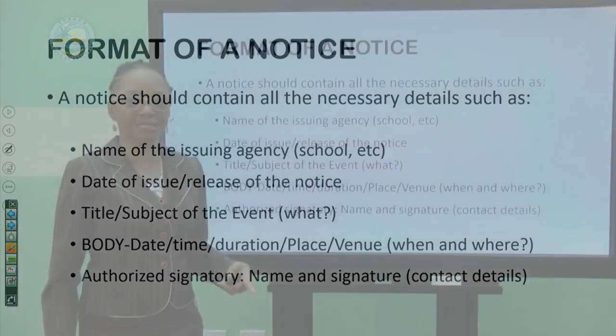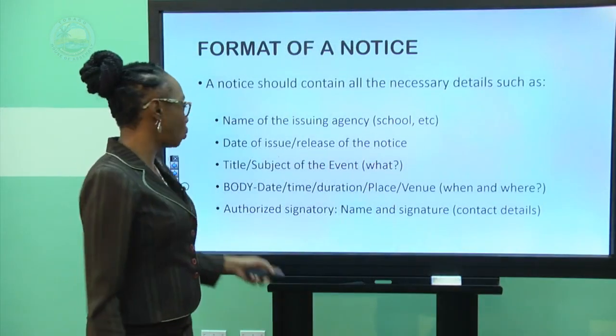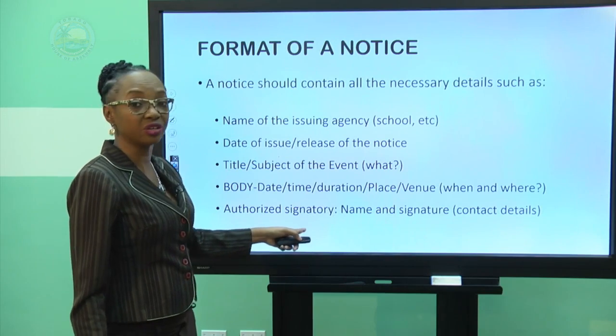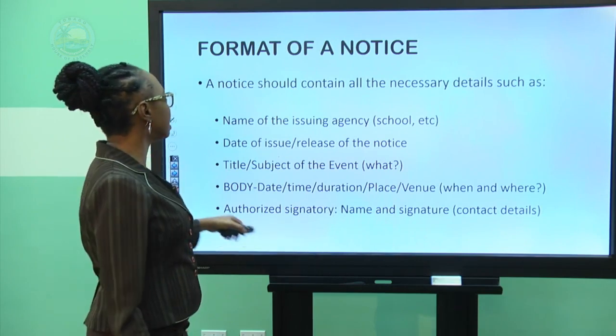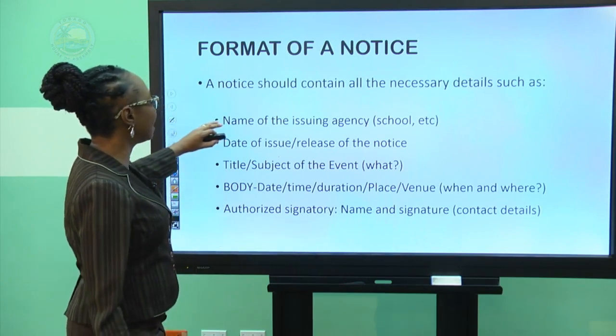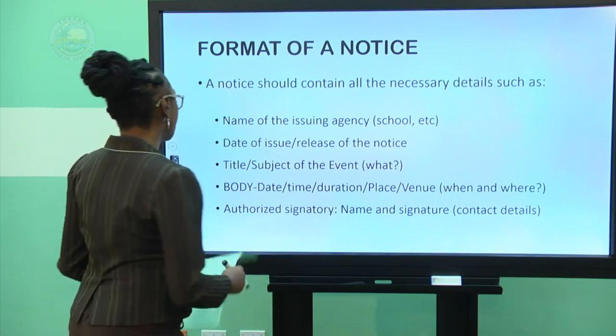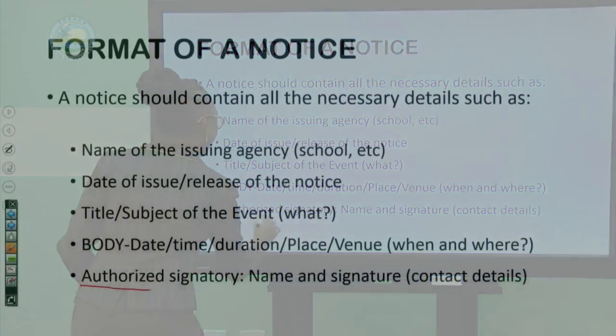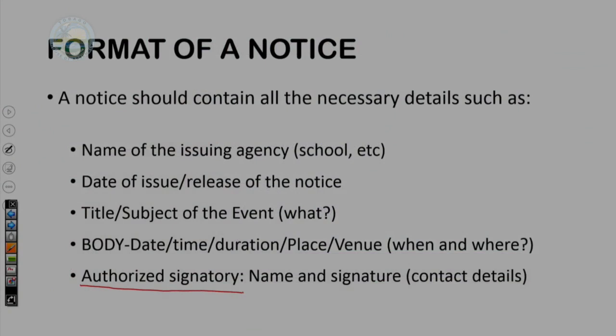Now, there have been examples of notices that go out without the authorized signatory. Sometimes it may be omitted because it's understood that if you're seeing here the issuing agency, it tells you who this is coming from.